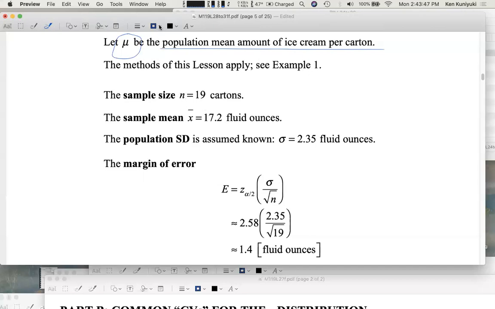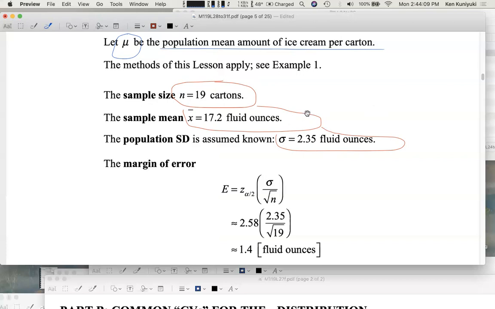All right, so we have these sample statistics. The 19 may well be predetermined, actually. We have values for n, x bar, and sigma. Now you could calculate the sample standard deviation S, but in this lesson that's irrelevant. We're assuming that we know what sigma is.